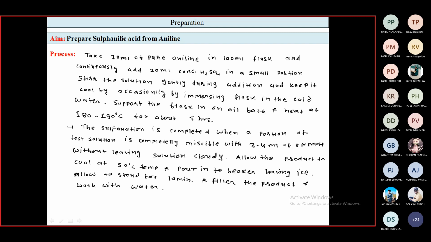So what you can do is dissolve the crude product in boiling water. If the resulting solution is colored, add 2 gram charcoal and boil for 3 to 5 minutes so the colored impurity gets removed. This is the way to remove colored impurity: dissolve the crude product in a minimum amount of boiling water.